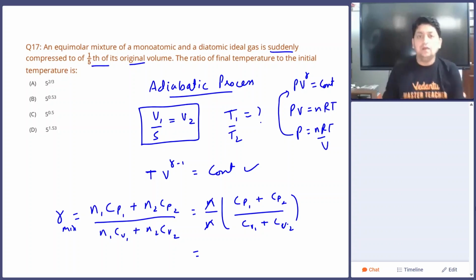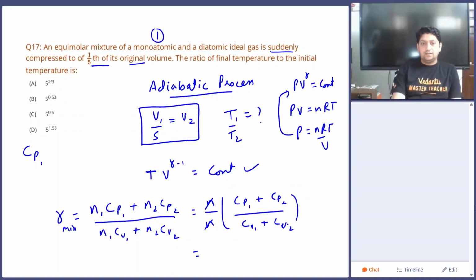Now for monatomic gas, this is the first gas, this is the second gas, right? For monatomic gas, the Cp comes out to be equal to 5 by 2 R, and Cv1 will be 3 by 2 R, right?